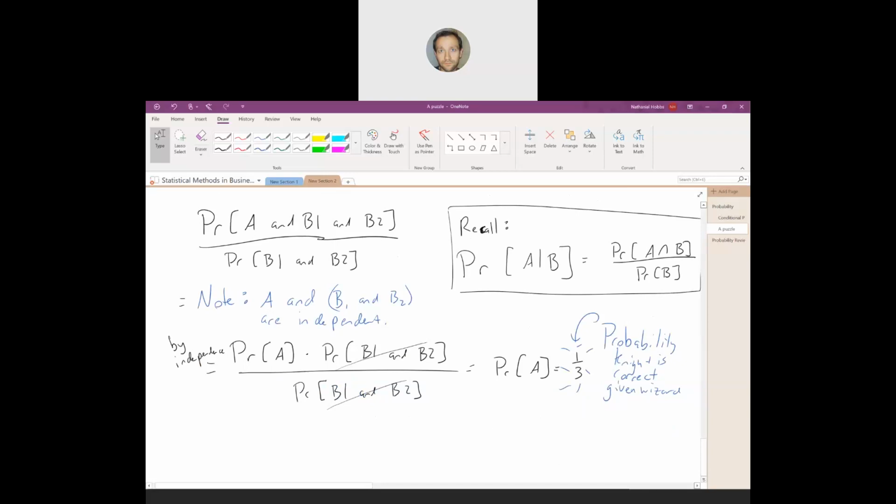I can work more on this. I can delve into this some more. It's actually a really interesting thing about how bad your intuition is when it comes to probability. There's another example we'll go through later in class that reveals this in a different kind of way.